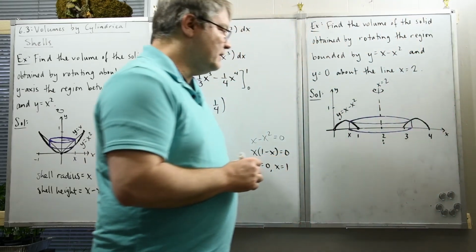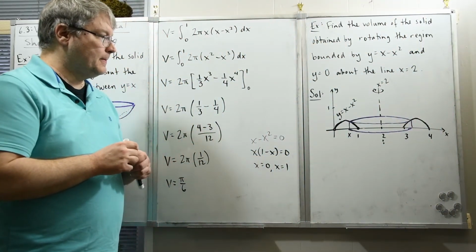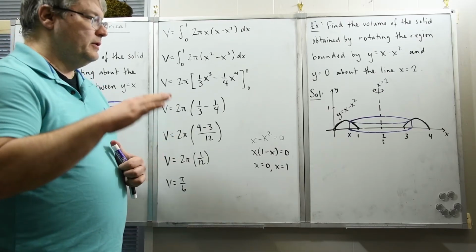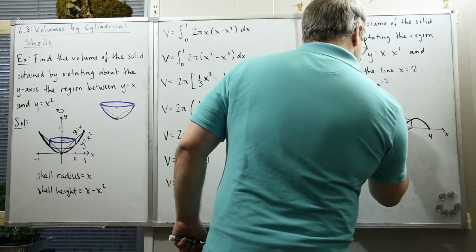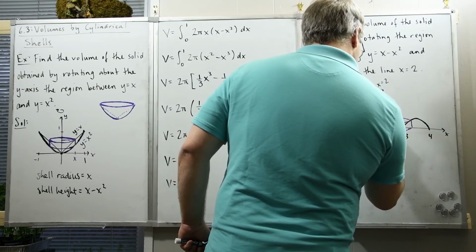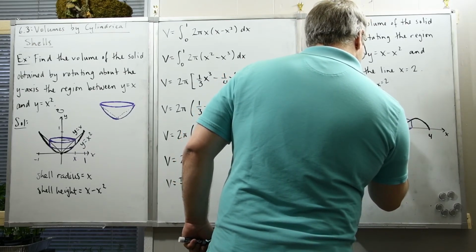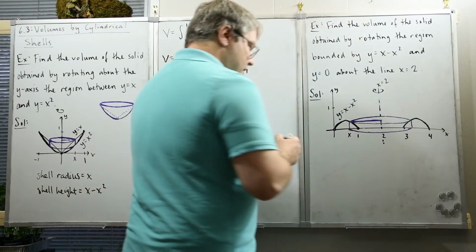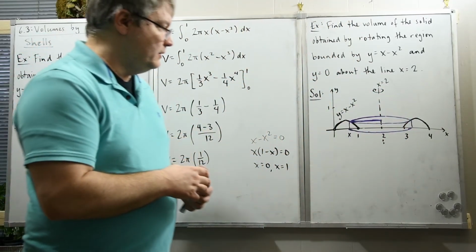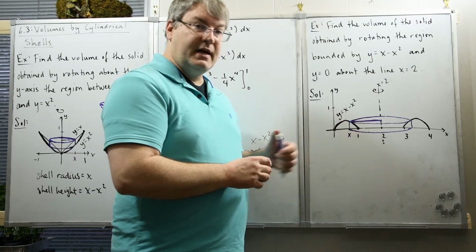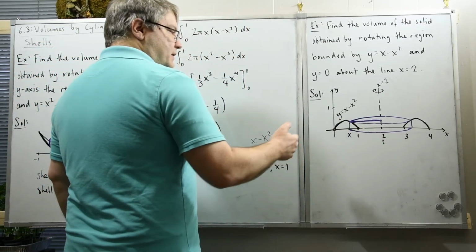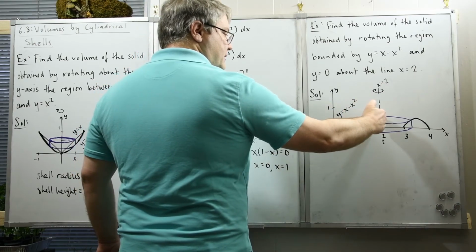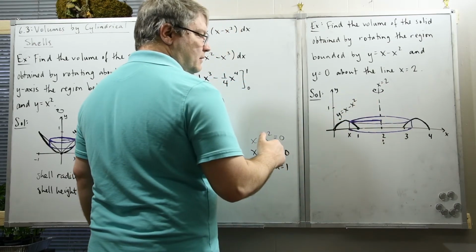Well, a typical shell is going to look something like that. So we're going to need to figure out what the shell height is and what the shell radius is. In terms of the shell radius, we're looking at the distance from the axis of revolution to the edge of the shell. If you were to take a look at the entire distance from the y-axis to the axis of revolution, that's 2 units.